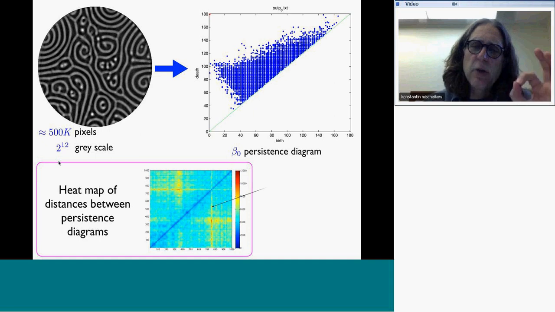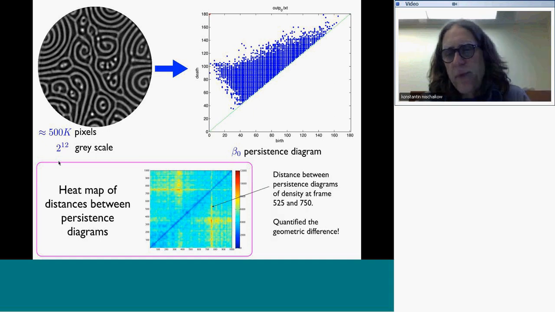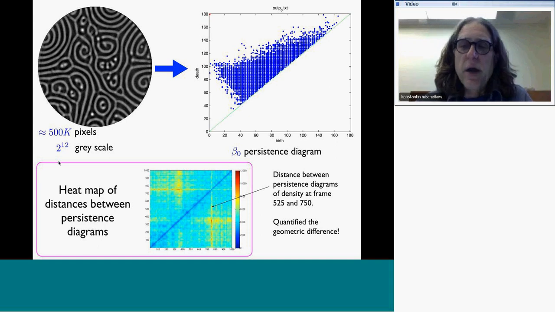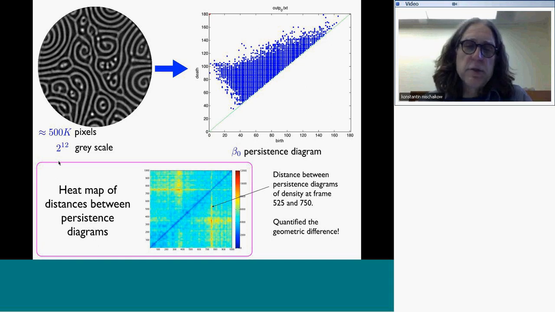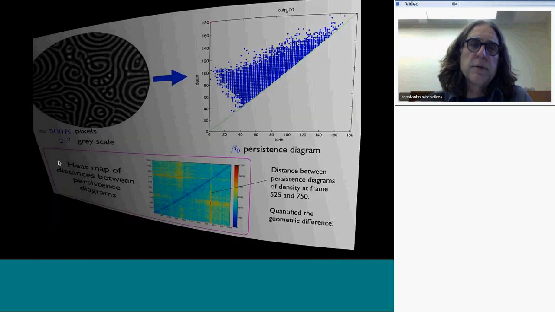If I look at any particular point in there, that tells you the distance between the persistence diagram at frame 525 and frame 750. So let's look at these heat maps and try to use them to understand dynamics.